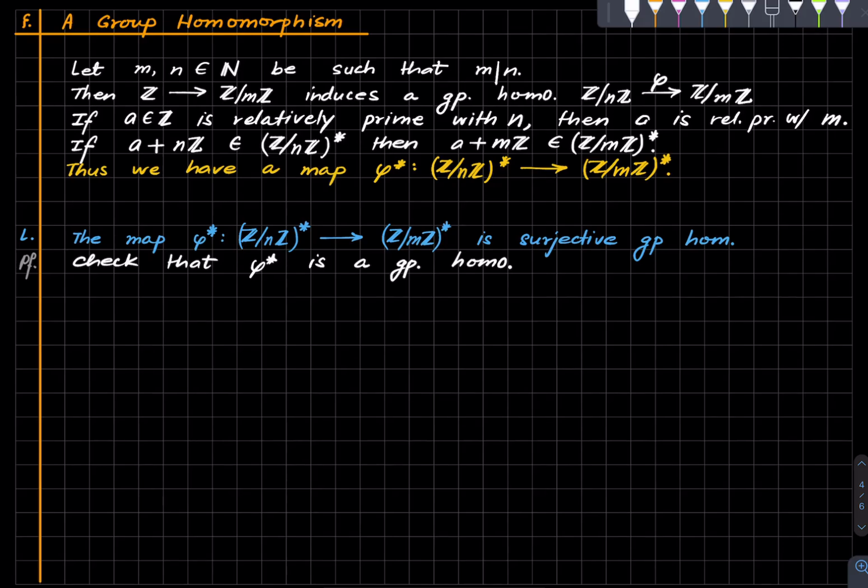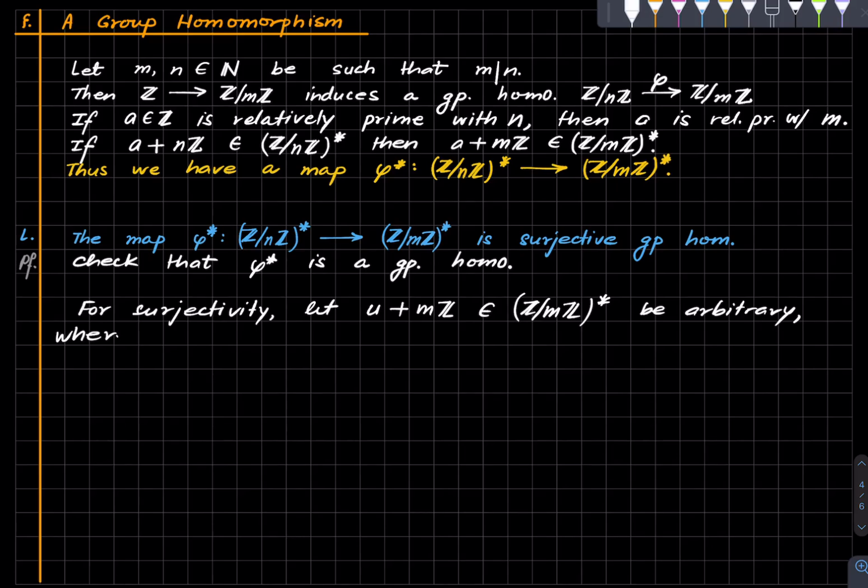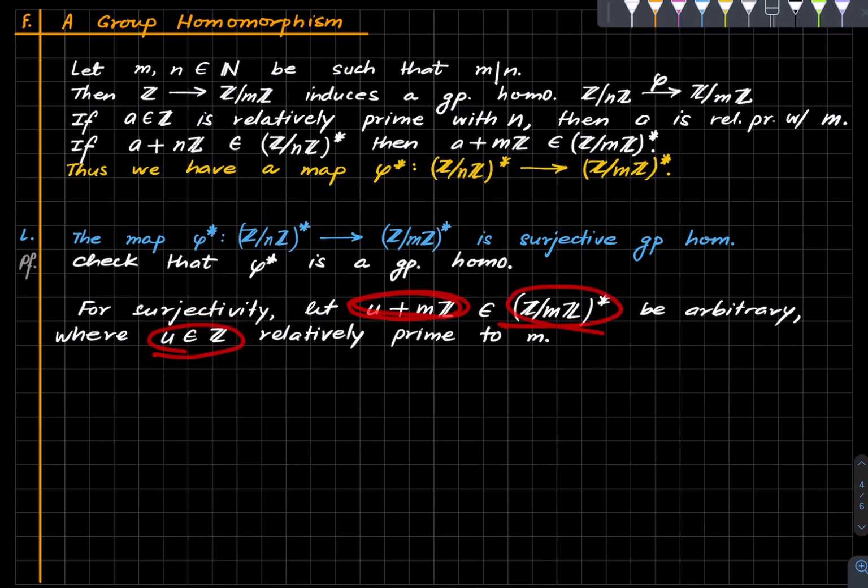All right. So for surjectivity, let u plus mZ be chosen in the target group, arbitrary, where of course u is some integer which has to be relatively prime to m. Basically, pick some integer relatively prime to m and consider this element in (Z mod mZ) star.